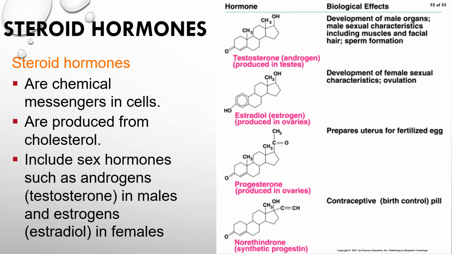Steroid hormones belong to a class of chemical compounds named steroids that act as chemical messengers in the cell. All steroid hormones are derived from cholesterol and are synthesized in the mitochondria and smooth endoplasmic reticulum.